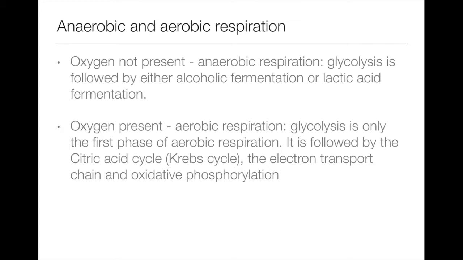If we've got oxygen, the first step is glycolysis, then we've got the link reaction, then the Krebs cycle, then the electron transport chain and oxidative phosphorylation, which happens almost together. We will see each of that separately. So first of all, we'll need to talk about glycolysis because it's the first step in both.